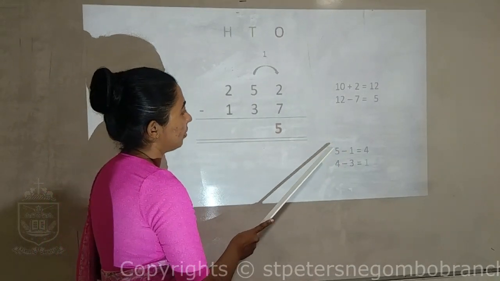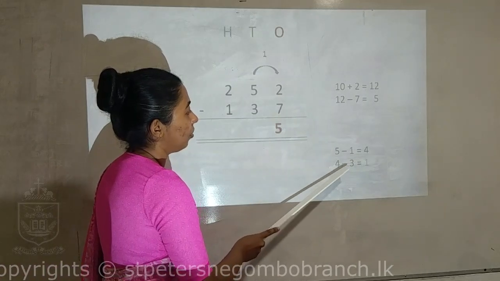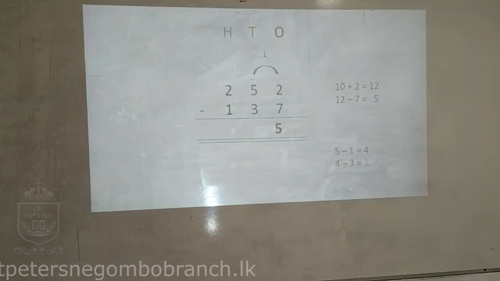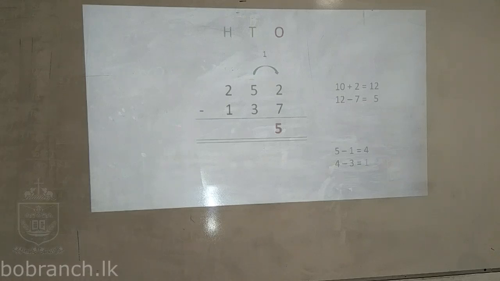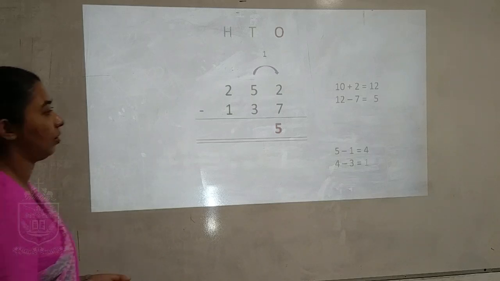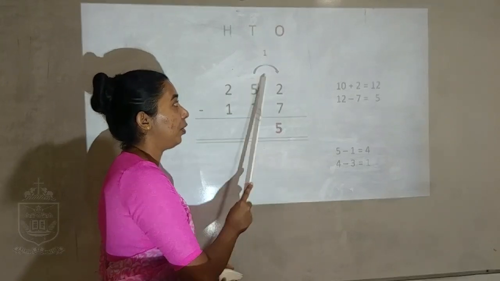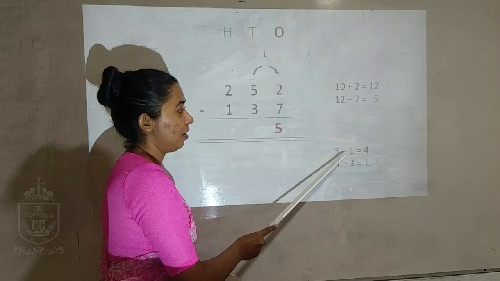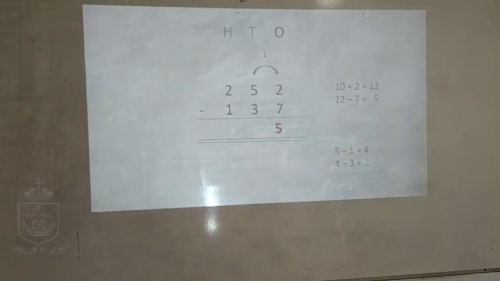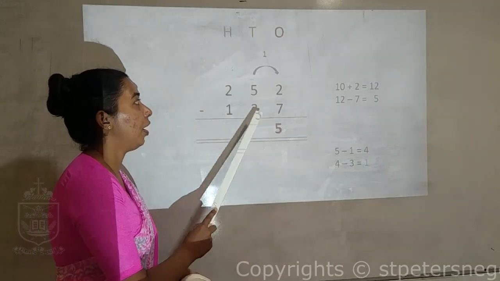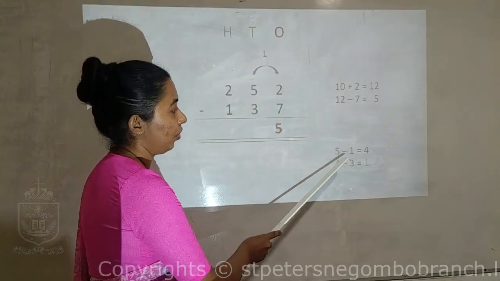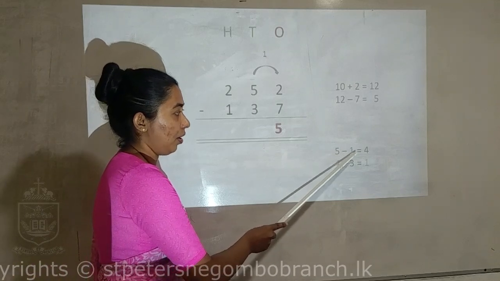We have already given 1 to this group, so 5 minus 1 is equal to 4.